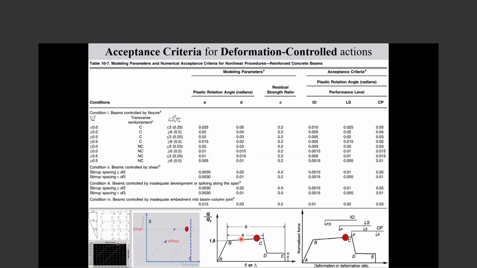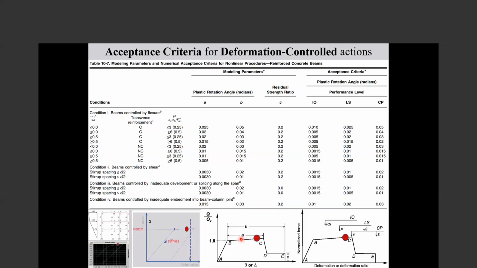Because of these concerns, many of the codes have chapters or appendixes on using nonlinear analysis for design. But at the end, they say that when you finalize your design, you go and check with the linear analysis.